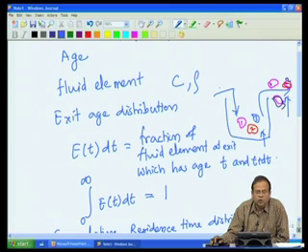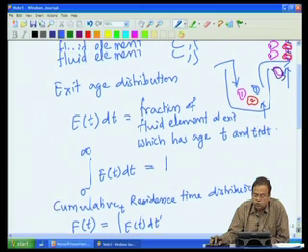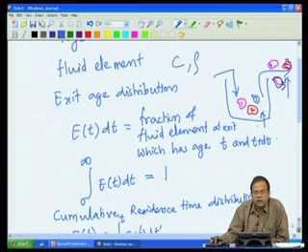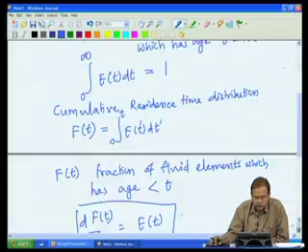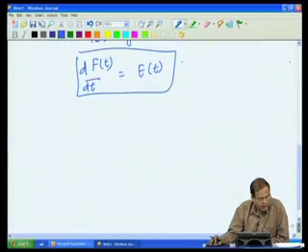They must be somehow related, but it is not necessary that these two are exactly the same. In other words, the age distribution inside the reactor need not be the same as the distribution that we observe at the exit of the reactor.